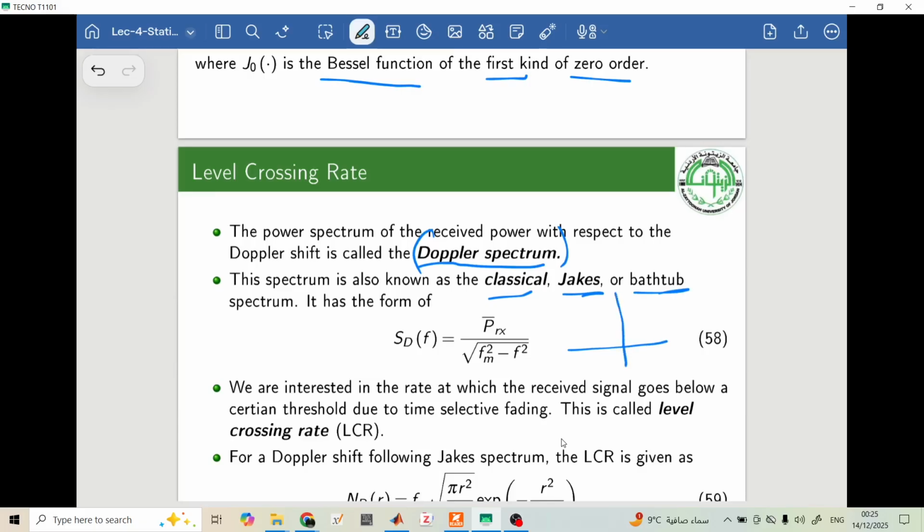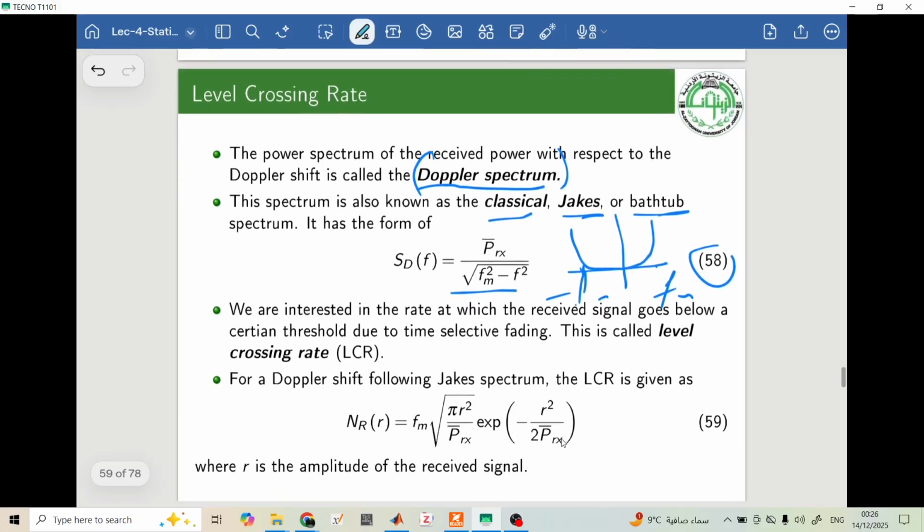Bathtub spectrum because it looks like a bathtub, like this. If you draw equation 58, you'll get this nice bathtub shape, and those are fm and minus fm. Those are the values where the spectrum goes to infinity.